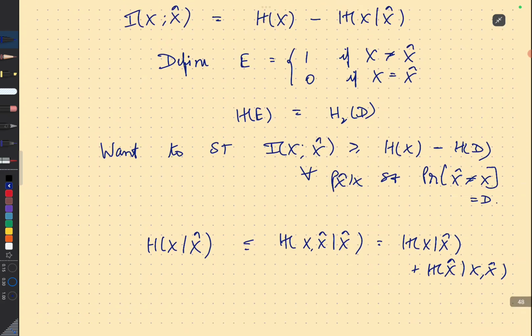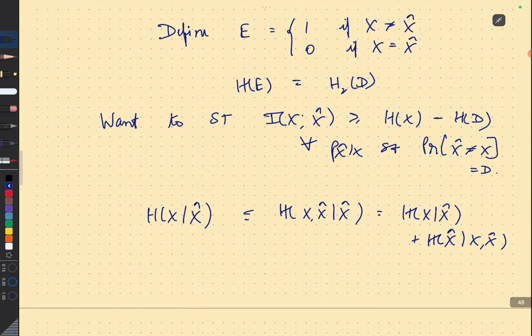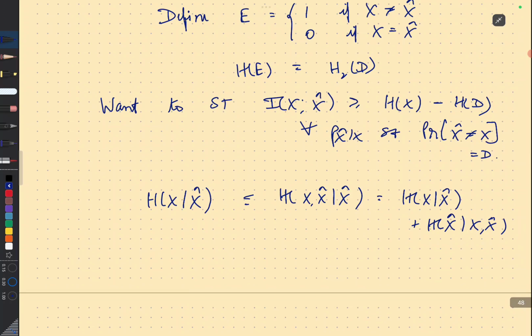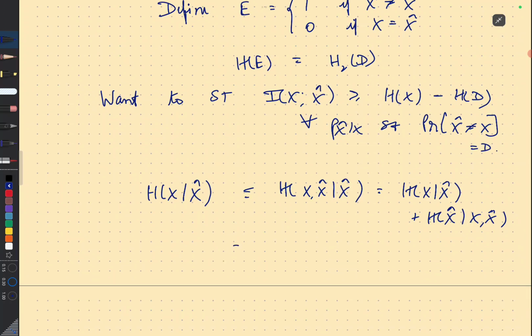Now this is equal to h of x hat e given x hat.